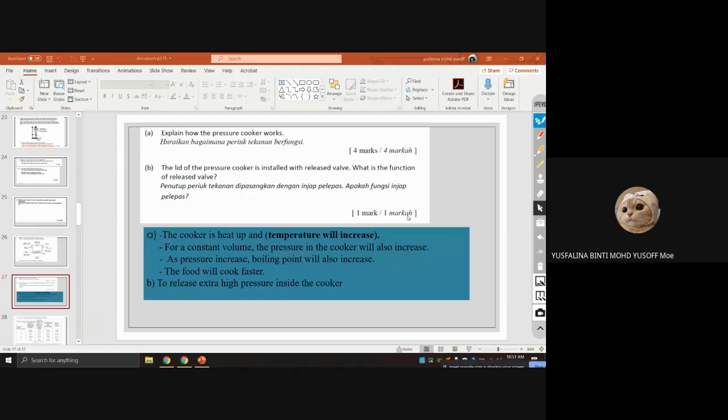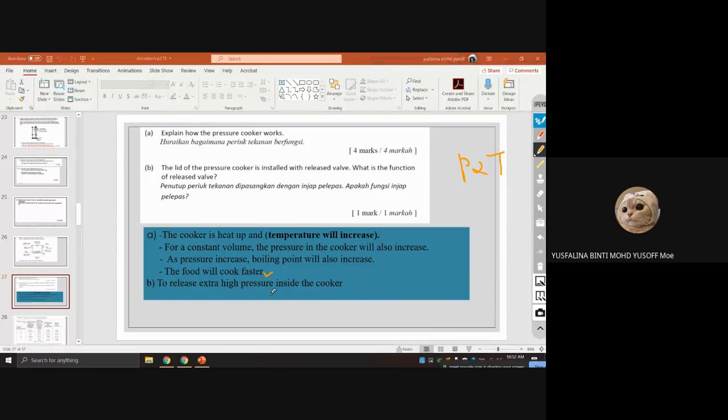The velocity of the molecules increases, so the kinetic energy of the molecules also increases. So there will be more collisions between the molecules and the container. So this will increase the pressure. And as the pressure increases, the boiling point will also increase, because we know P is directly proportional to T. Okay, and then the food will cook faster.